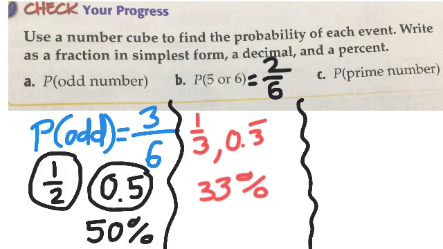The only prime even number is 2, because after 2, the numbers 4, 6, 8, 10, 12 can all be represented as 2 times something. So those are all composite. There's only one even prime number, it's 2. Every other prime number is odd. And there's a bunch of them. There are as many prime numbers as you can count.